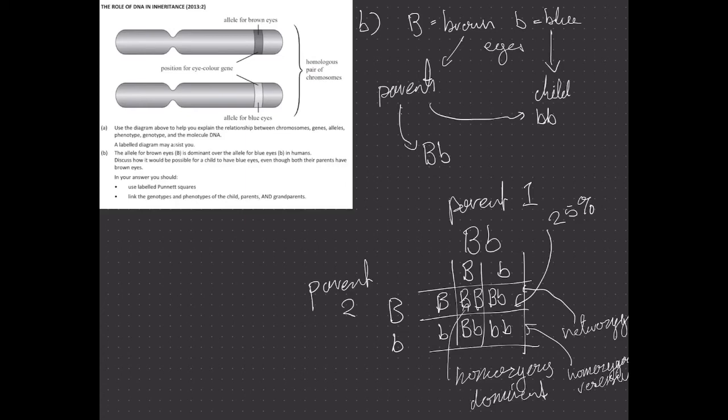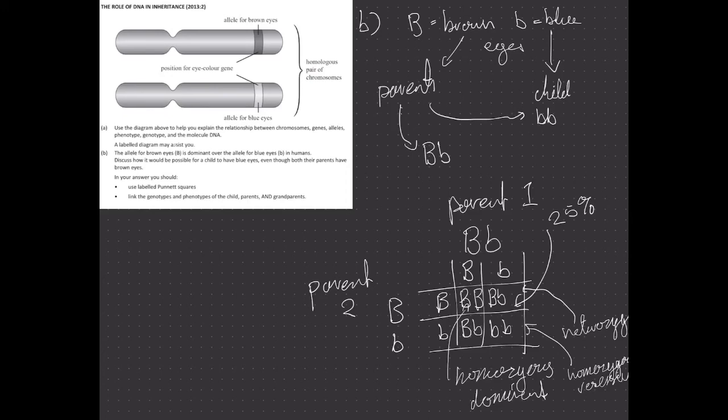Which in this scenario is the only possibility that could give an offspring with blue eyes, the recessive gene. So we've shown that 2 parents that have the dominant gene or phenotype expressed can also carry that recessive allele and pass that on.